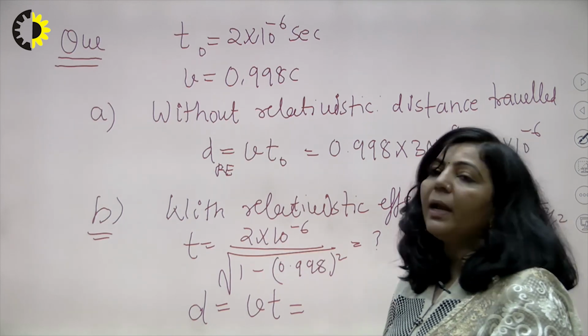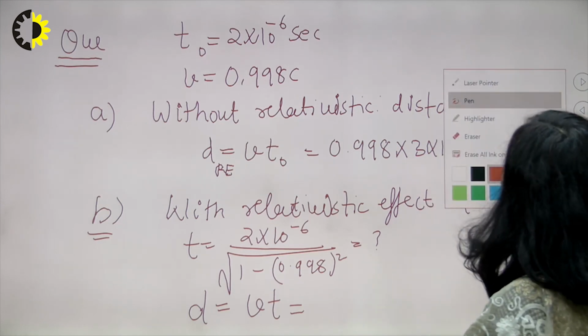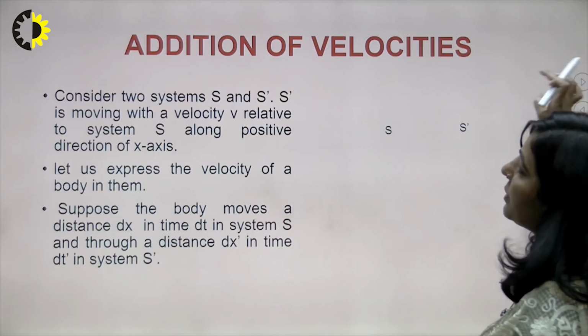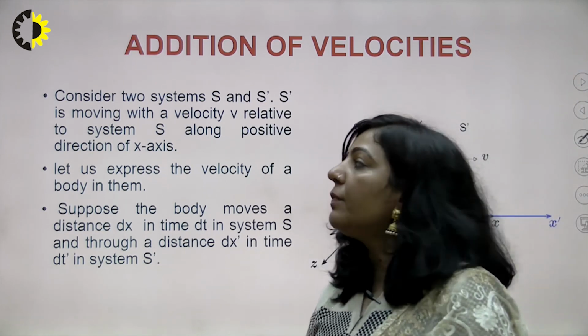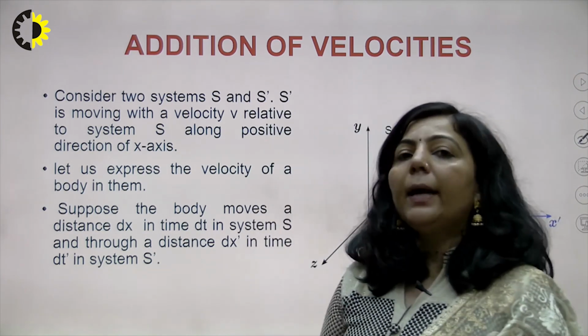That we will do with the help of the relativistic addition theorem. That is our topic of discussion for the next lecture, where we will discuss the addition of velocities, or relativistic velocity addition theorem.